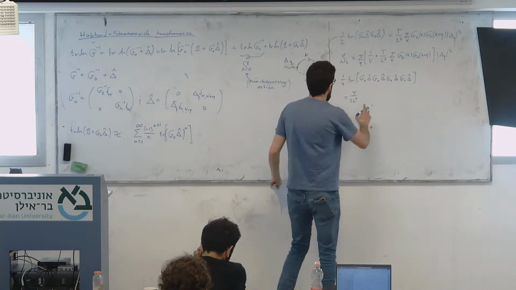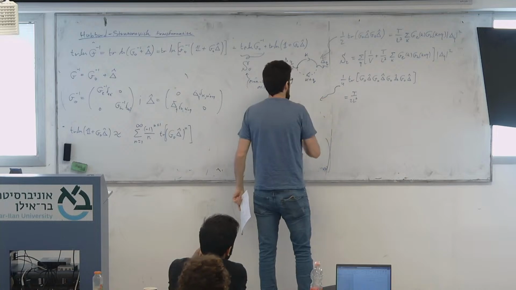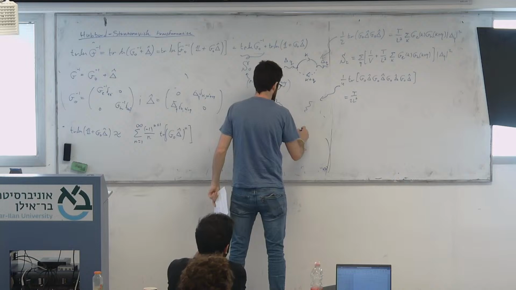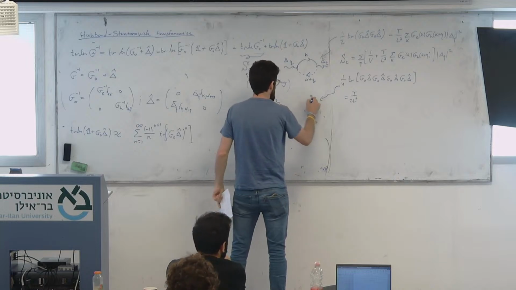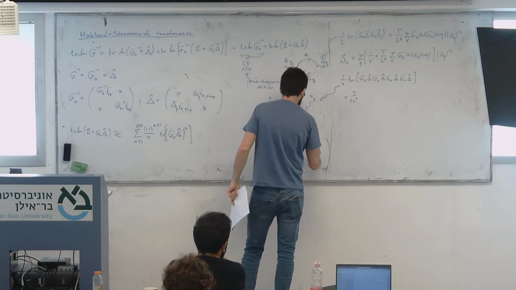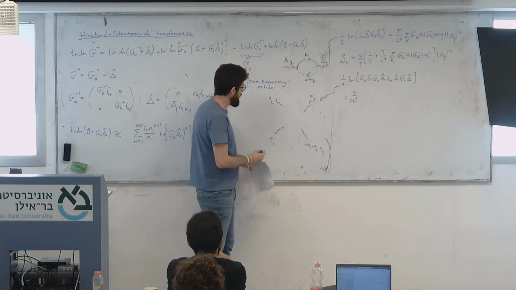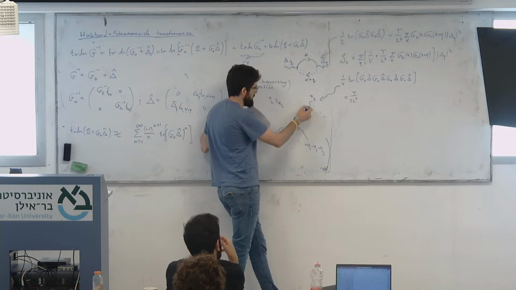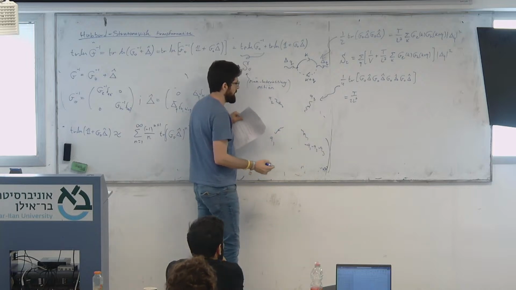Now this guy here, you can think about it like Q1, Q2, Q3, and then minus Q1, minus Q2, minus Q3 for conservation of momentum. And then each one of these guys, let's say this is incoming, this is outgoing, this is outgoing, and this is incoming, just as an example.